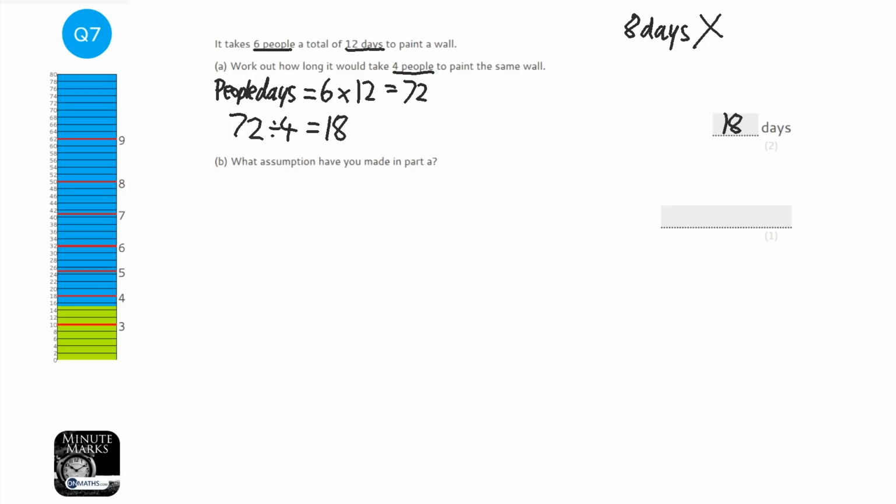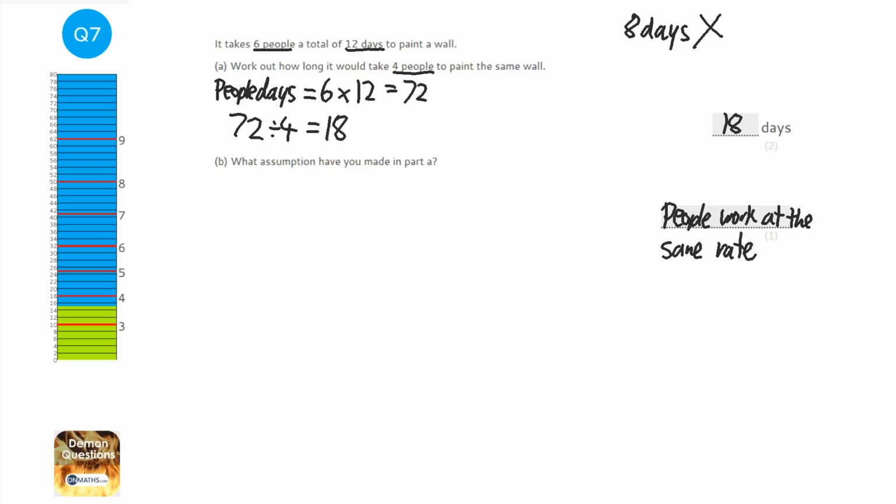Now let's have a look and see if that's realistic. Well, it took 6 people 12 days, so 4 people, which is less, will take longer. So instead of 12 days, 18 days. Now there is an assumption we've made, and that's that all the people work or paint at the same rate.